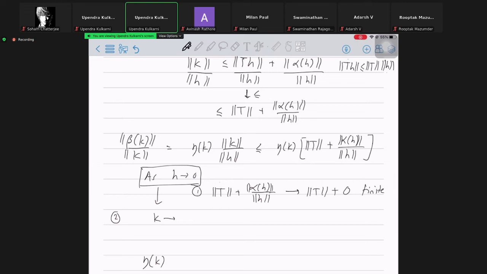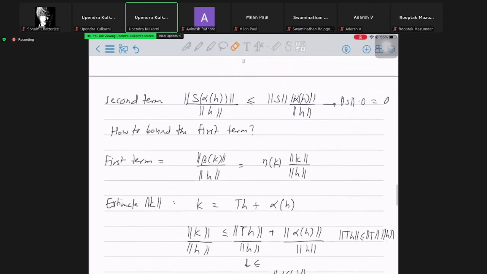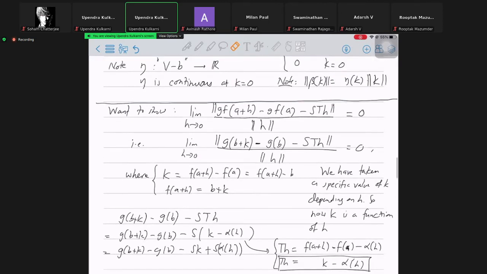Remember, k is the difference between f of a plus h and f of a. f is a continuous function, so as h approaches 0, k is approaching 0. And therefore eta of k also approaches 0 because eta is continuous at 0, you see. Remember what eta was? That was the whole point of defining that function eta.